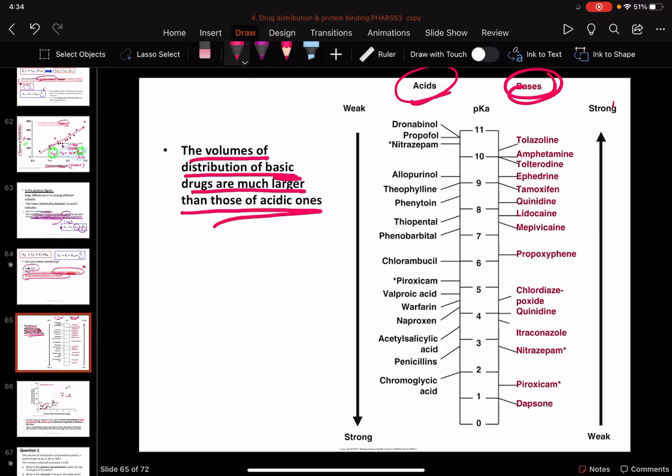And when they tried to find why this was happening, first of all, if you look at directional diffusion, at physiological pH you can get an idea that the ionization profile would help with that.